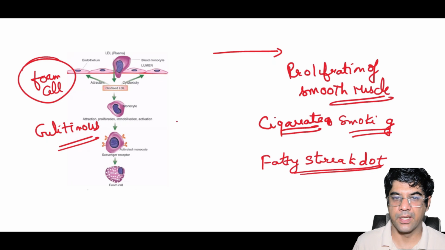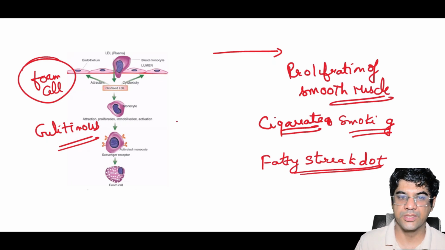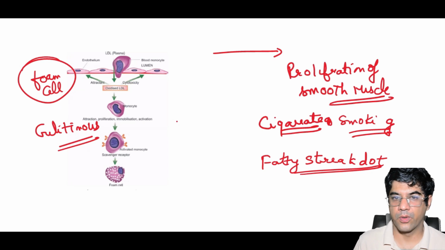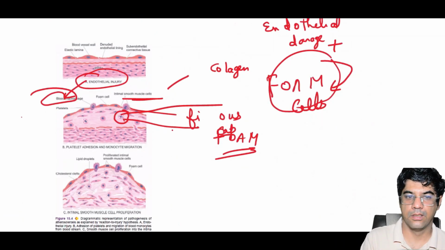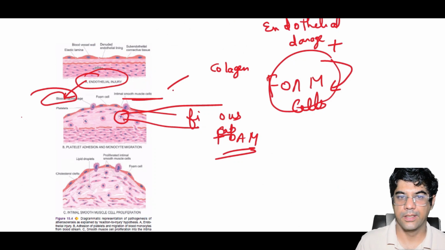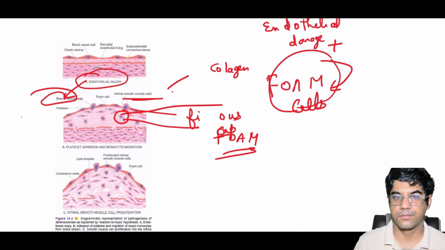The fibrous cap, remember, consists of smooth muscle, dense connective tissue, proteoglycan, and collagen, and the core contains lipid, cholesterol clefts, necrotic debris, and the foam cells.